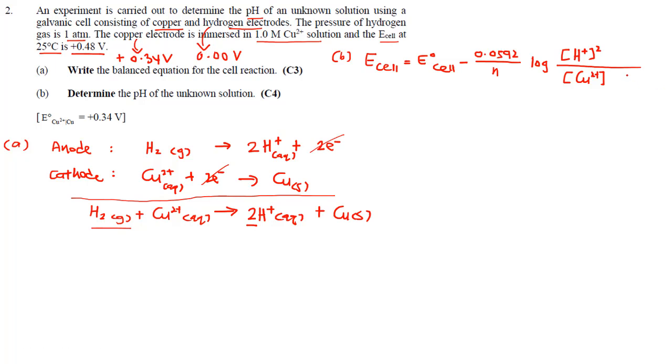So you must also include the partial pressure of hydrogen. That is the tricky part here. Actually its value is 1 atm, so it won't affect our final value, but still in our expression you have to write it.